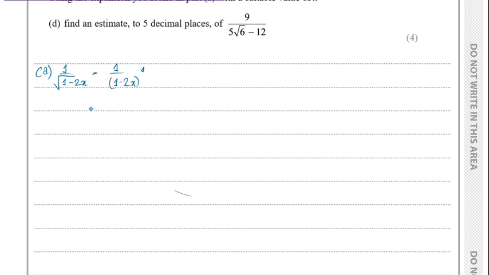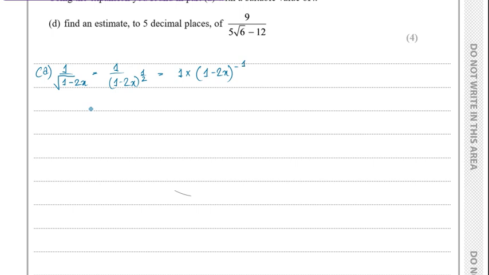So I can write it as 1 minus 2x to the power 1 divided by 2, because this is a square root. If I write it in the multiplicative form, it is 1 multiplied by 1 minus 2x to the power, and the index will change.